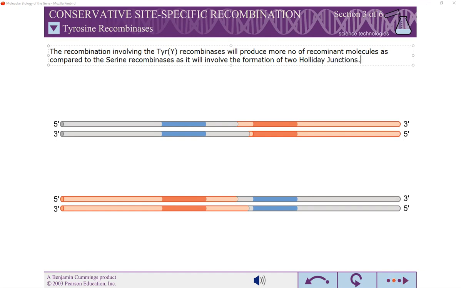So there are two Holliday junctions being produced, and thus it will produce different types of combinations. More combinations will be produced in this particular event.